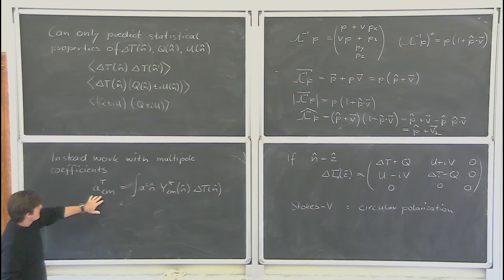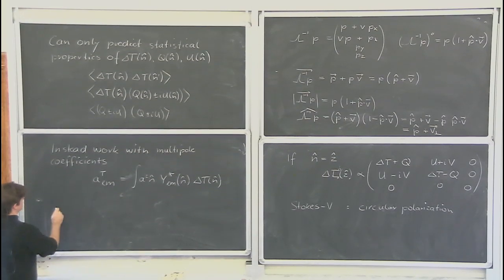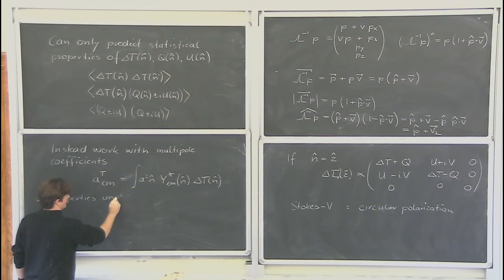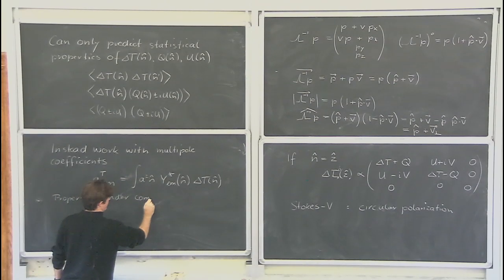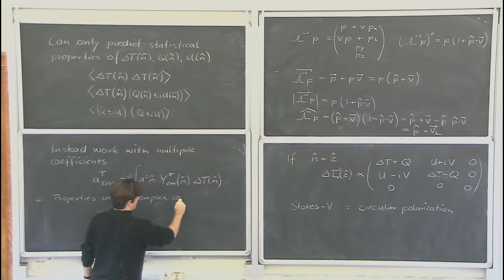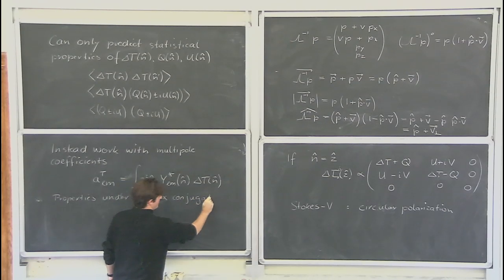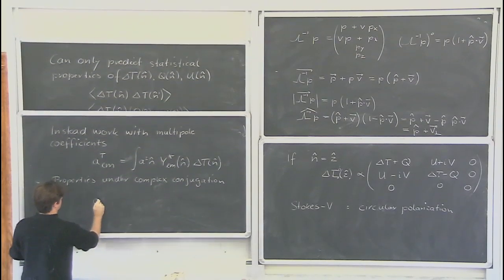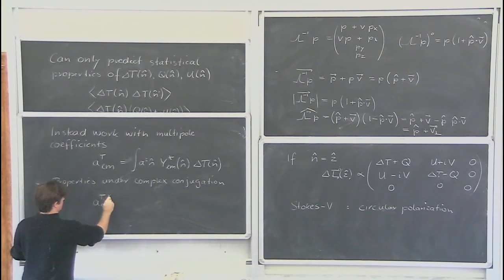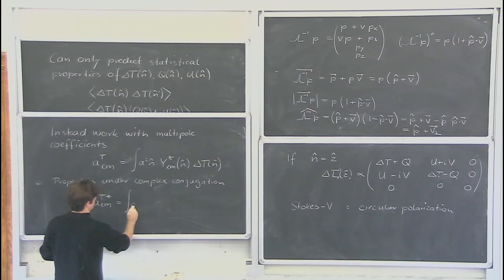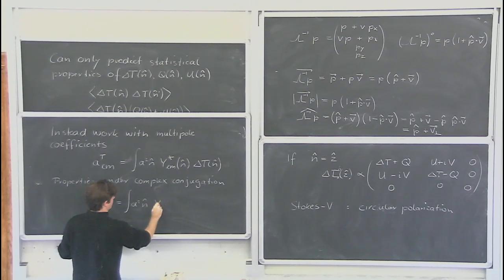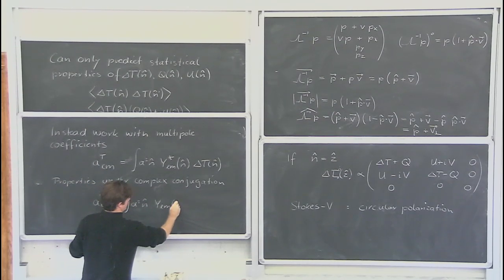Let's look at the reality properties. If you complex conjugate, a_lm T star is equal to, since the temperature field is real, the only thing that happens is that now you get Y_lm star of n hat.